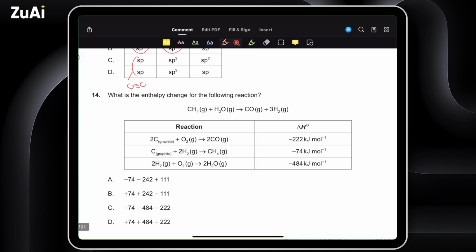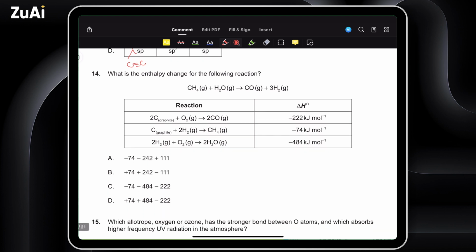What is the enthalpy change of the following reaction? That's so easy. Reactions are given. So CH4 plus H2O, arrow, carbon monoxide plus 3H2. We have to find this delta H. So carbon plus oxygen forms carbon monoxide.